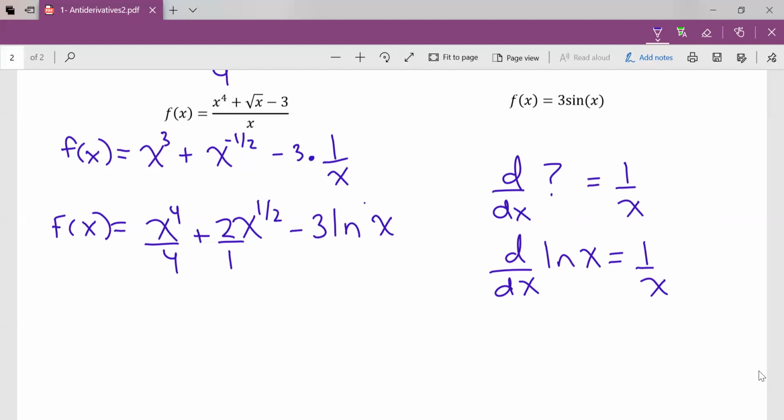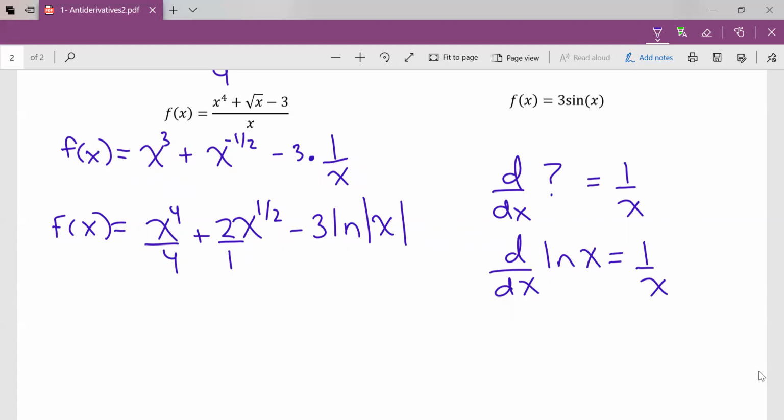But I need to just be a little careful here because for 1 over x, the values of x that are permissible there are all values except for 0. But a natural log can only have positive values plugged in. So I'm going to put absolute value bars there to make sure that I'm not getting a negative value in there and not a 0. Okay, so I should have said the values of x can only be positive, right?